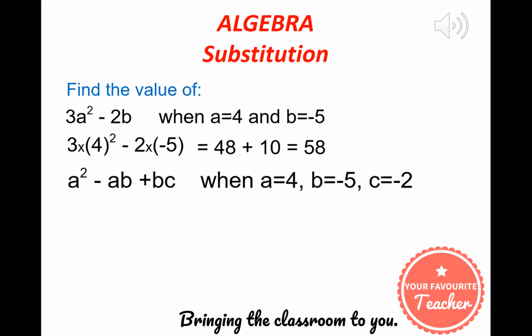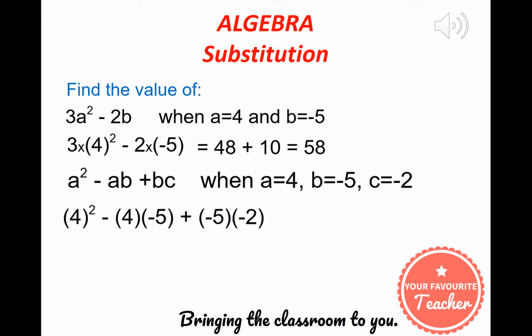So what about if we have 3 letters that we need to substitute into? In this case, a squared minus ab plus bc. So we're going to replace all the letters with the numbers that represent the letters.